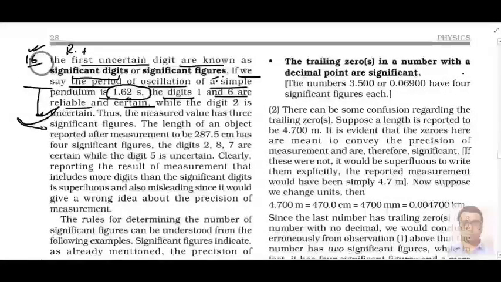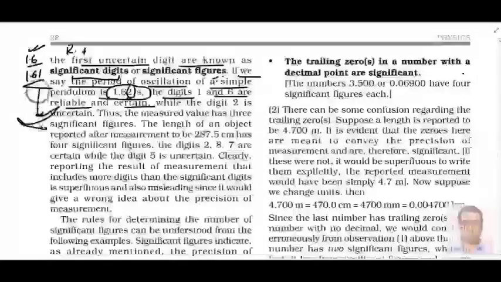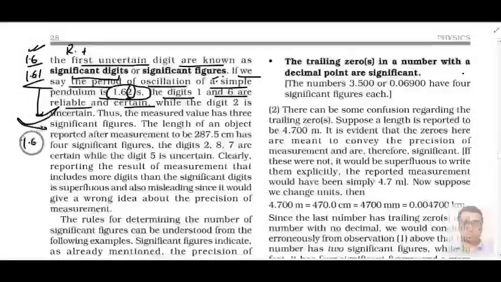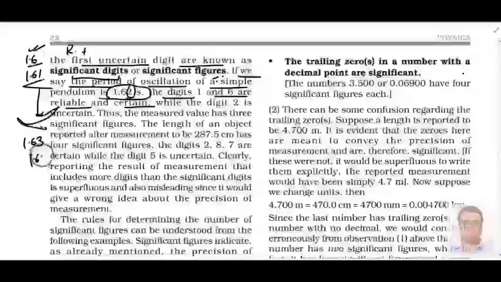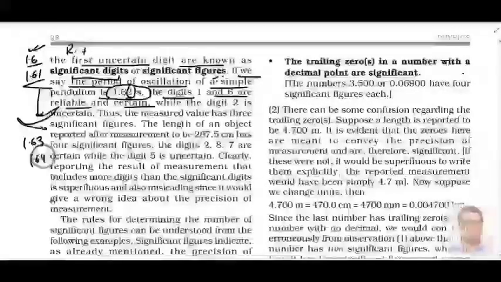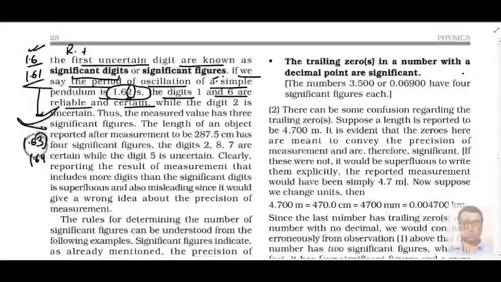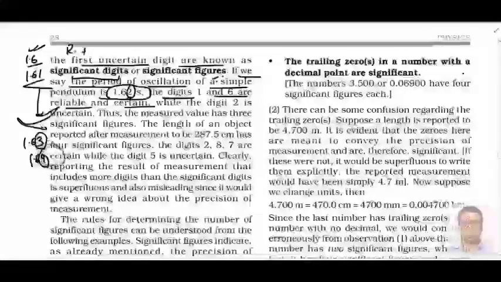Now this 2 is uncertain, because if one student measures it, he can give 1.61 second, another student gives 1.63 second, and the next student can give 1.64. So the last digit is uncertain.